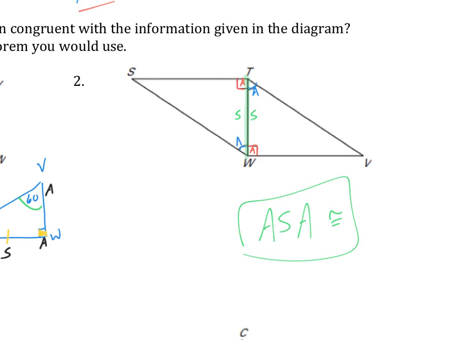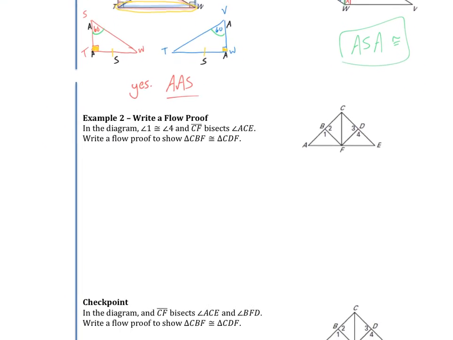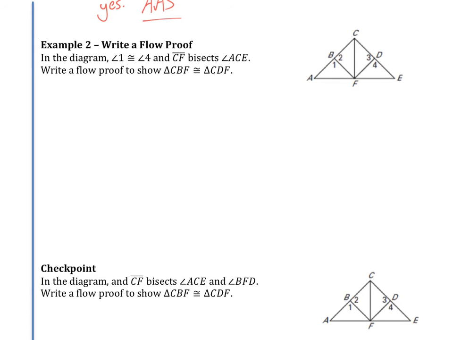All right, so let's slide down to the next example. In this example, we're going to do a flow proof. So in the flow proof, we start with the given. So if we look at the diagram, they tell us angle 1 congruent to angle 4.